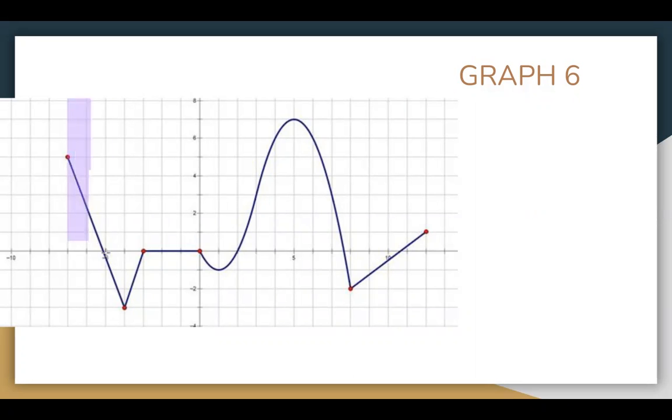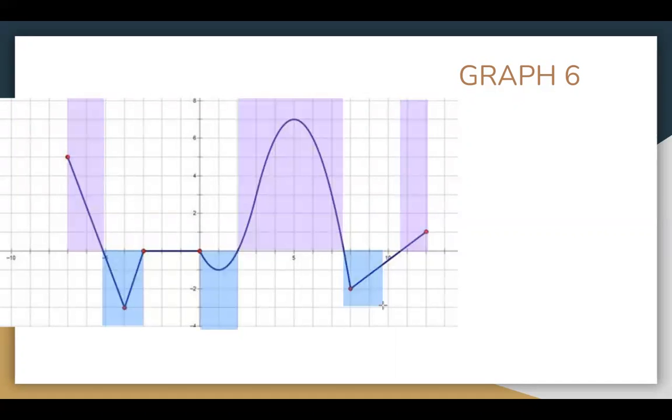So that is this piece and this piece and this piece. Negative intervals below the x-axis, that piece, and this one. If it's on the x-axis, it is neither.